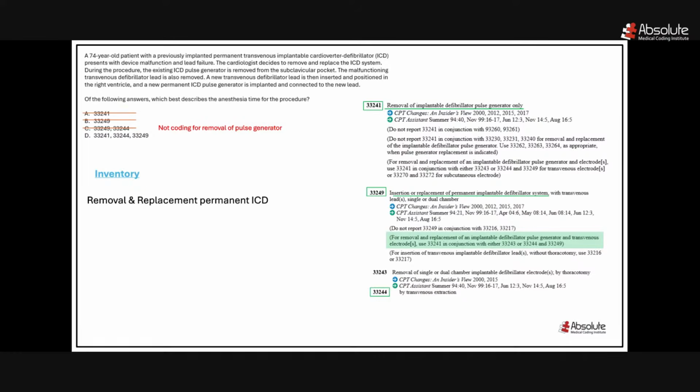And the parenthetical guideline said that we have to code for removal of the defibrillator pulse generator, also removal of the lead of the defibrillator, and then you have to code for the insertion or replacement of a permanent implantable defibrillator system.